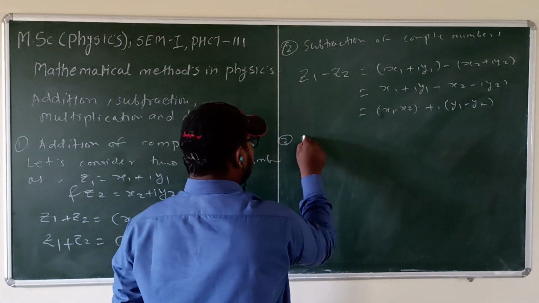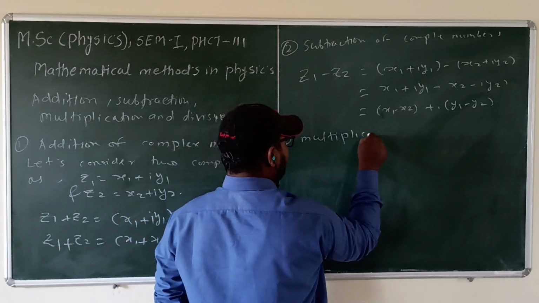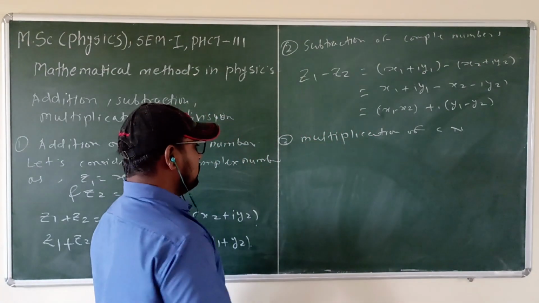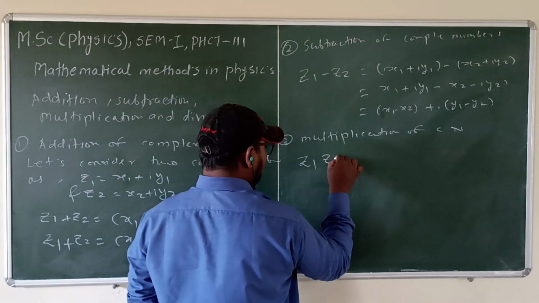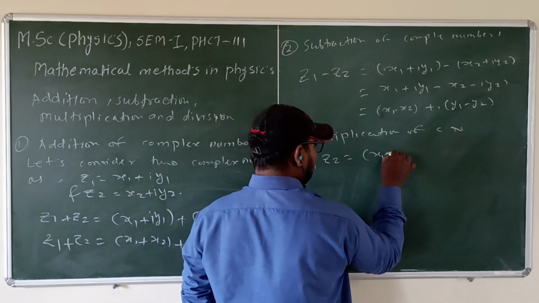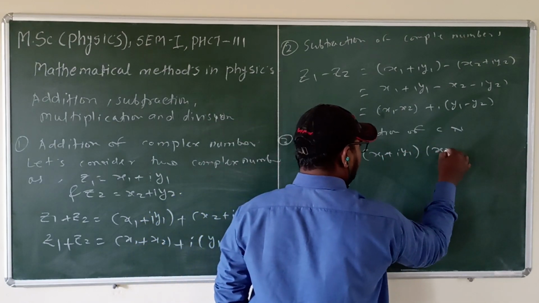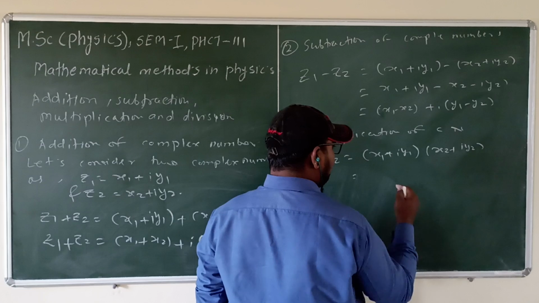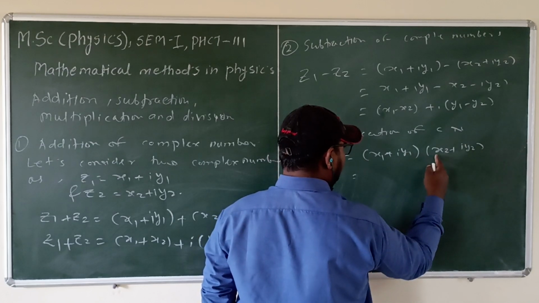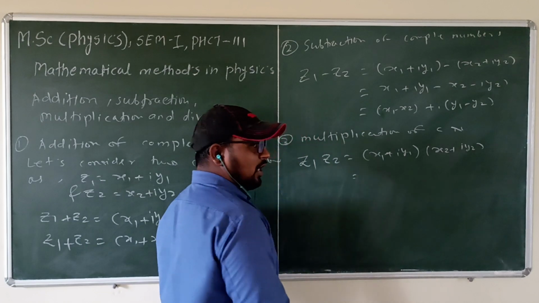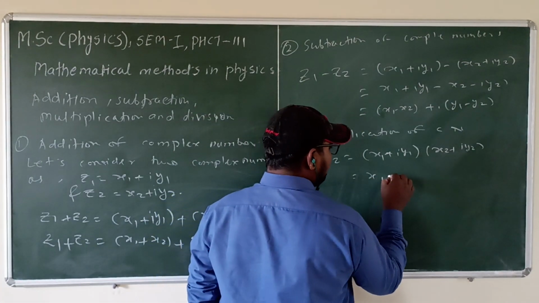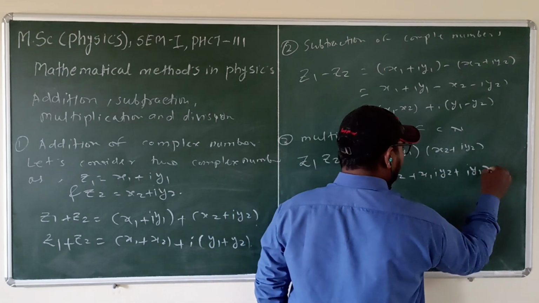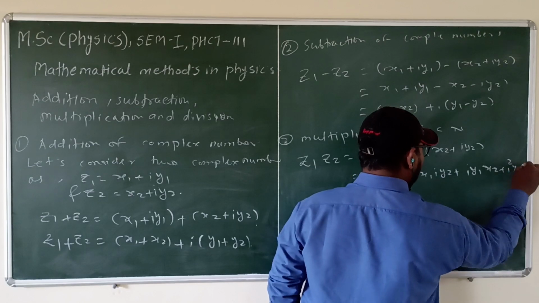Third point is multiplication of complex numbers. Multiplication of z1 into z2 is equal to x1 plus i y1 times x2 plus i y2. The product follows general algebraic multiplication: x1 is multiplied with x2, x1 is also multiplied with i y2. That gives x1 x2 plus i x1 y2 plus i y1 x2 plus i square y1 y2.